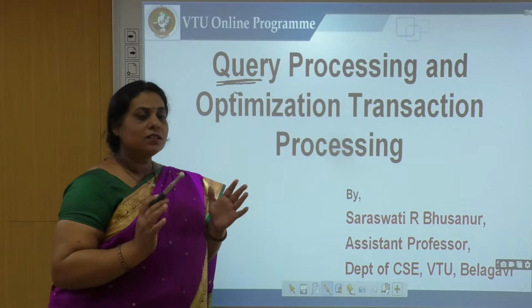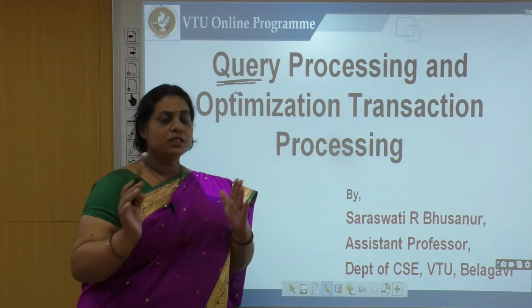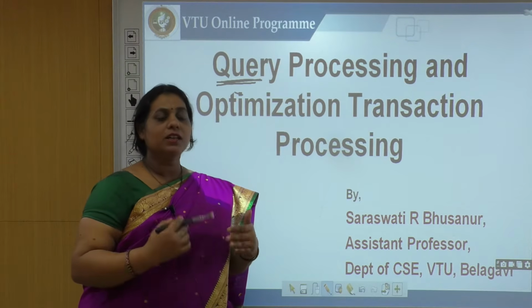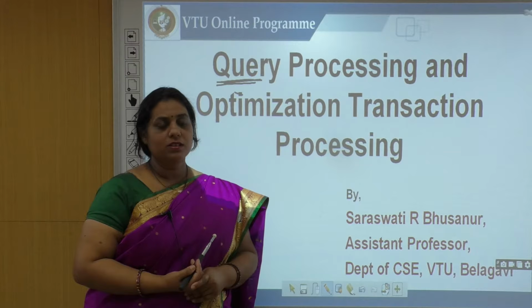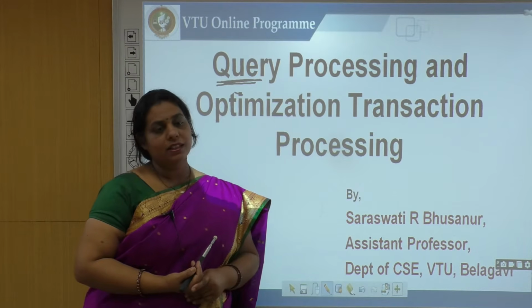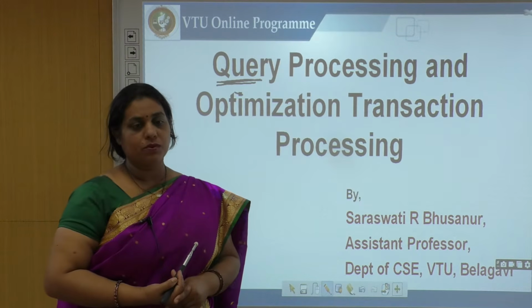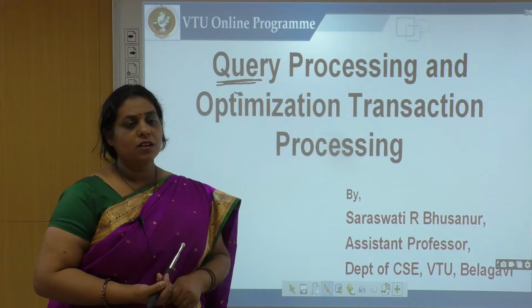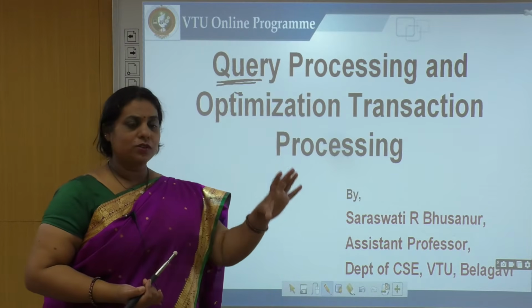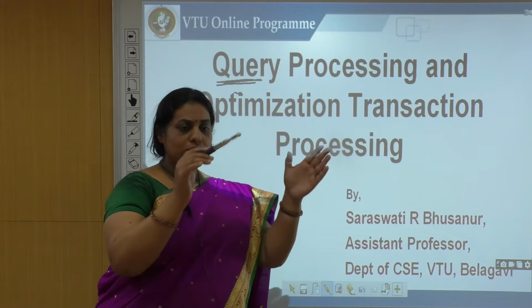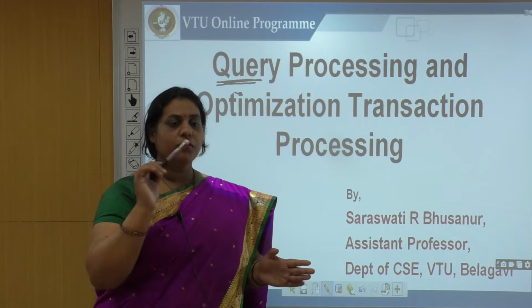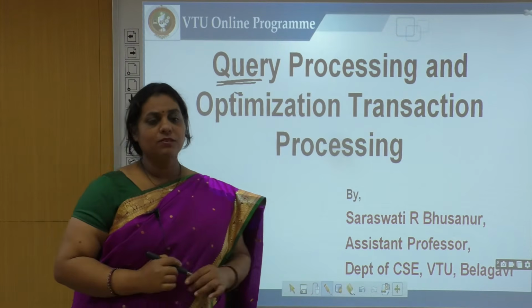Next, the same query with the same result can be executed in n number of ways, right? For example, I want to find the employees who have a salary greater than 5,000 rupees. There are two ways for me. One is I concentrate on the salary and find all those rows where the salary is greater than 5,000.